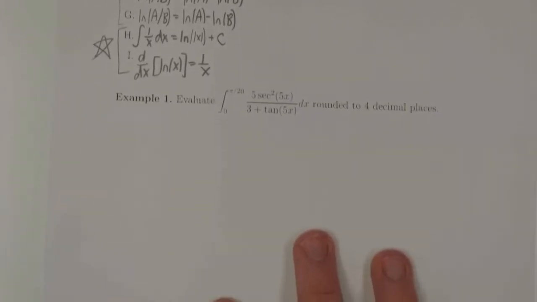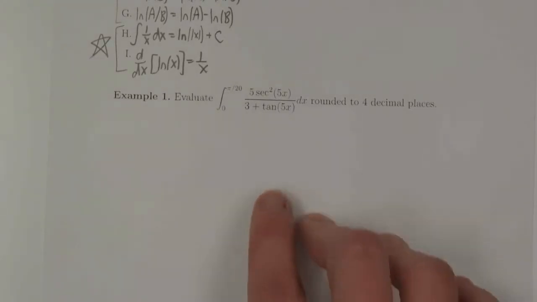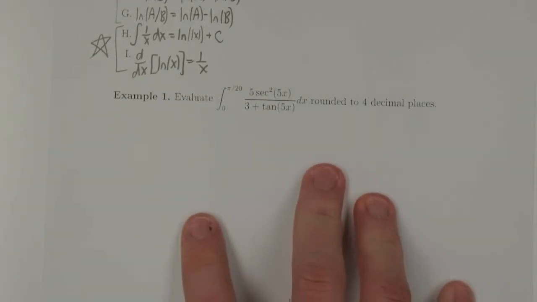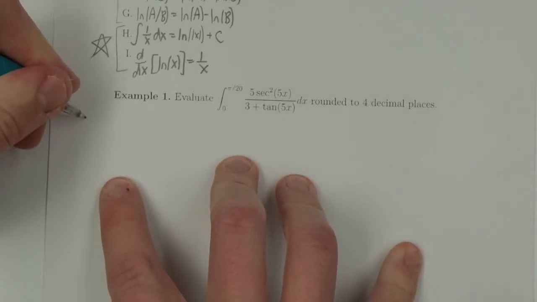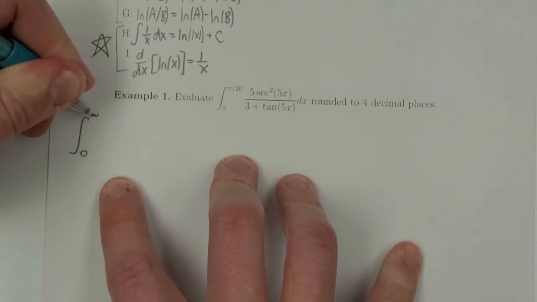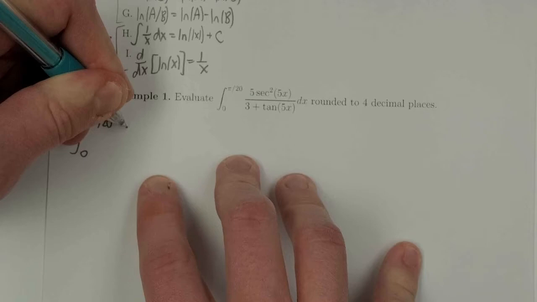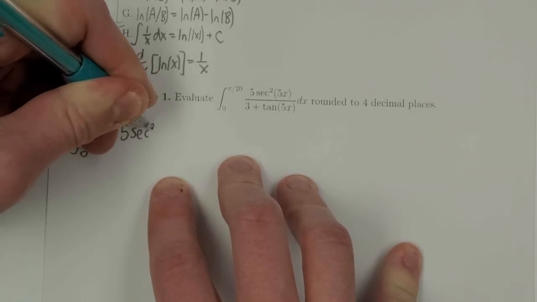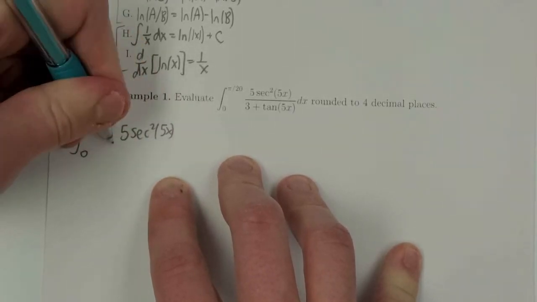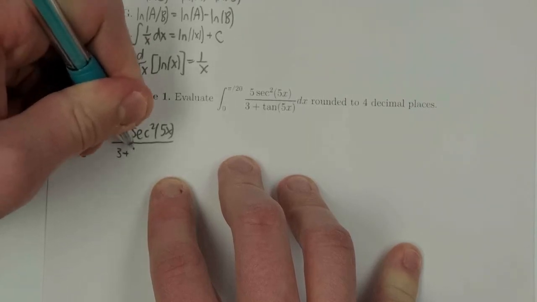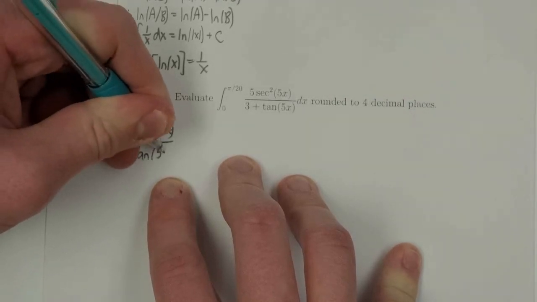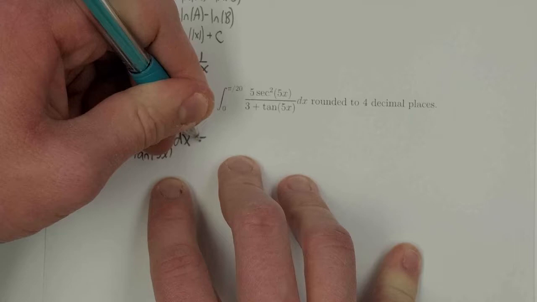So, the premise is we have to evaluate this integral rounded to 4 decimal places. Okay? So we have the integral from 0 to pi over 20 of 5 times secant squared of 5x over 3 plus tangent of 5x dx. Okay?